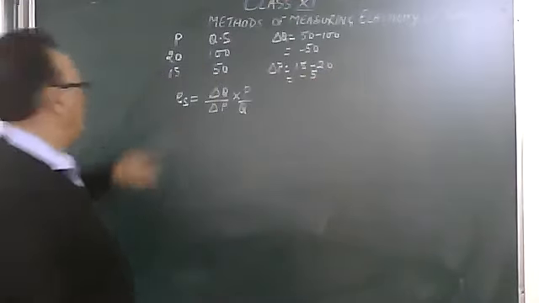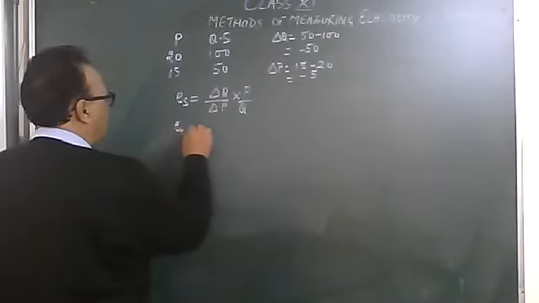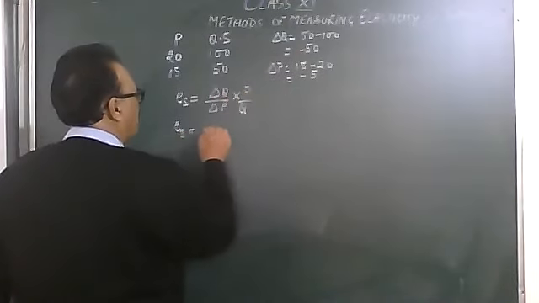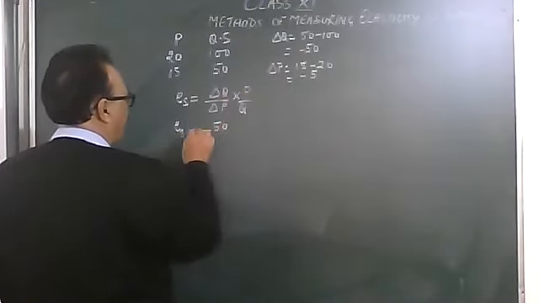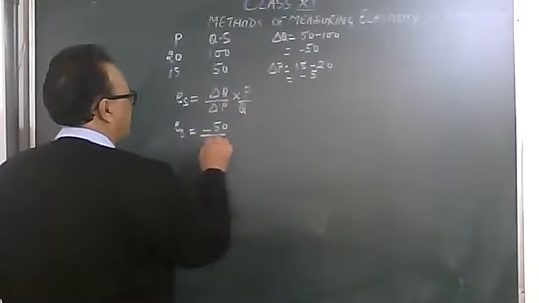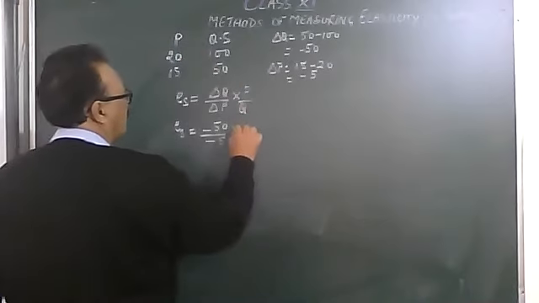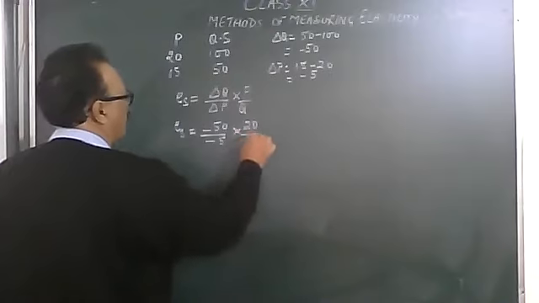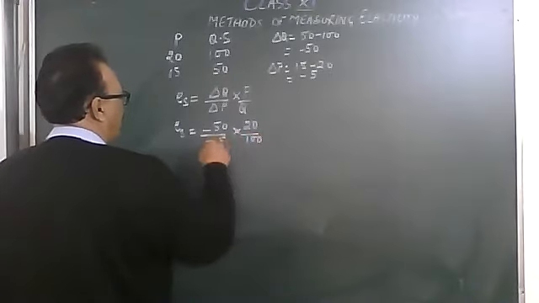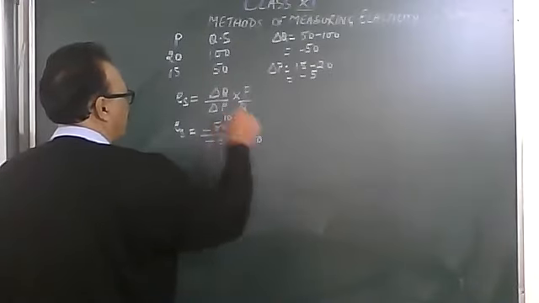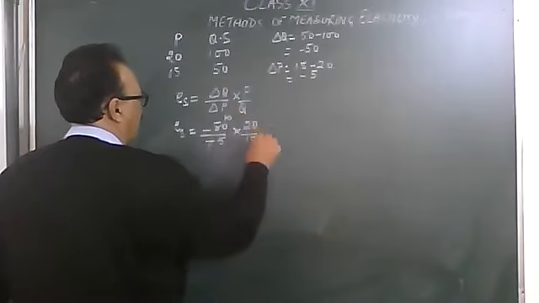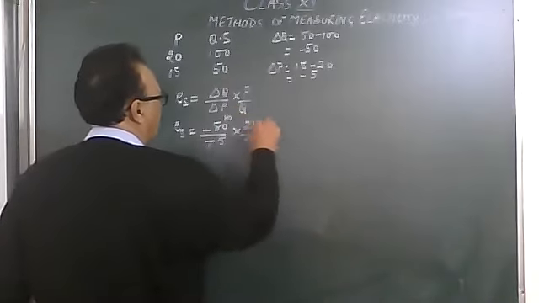So elasticity of supply: change in quantity is minus 50, change in price is minus 5, P is the original price 20, Q is the original quantity 100. Minus 5 into 10, 10 into 10, 2.